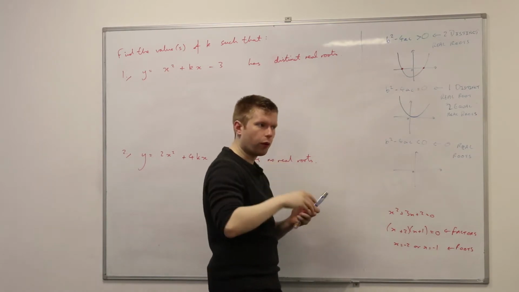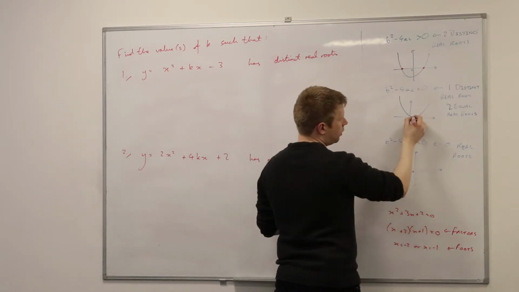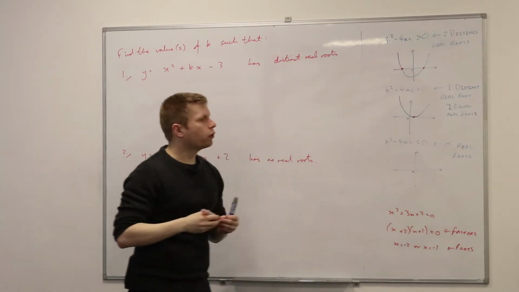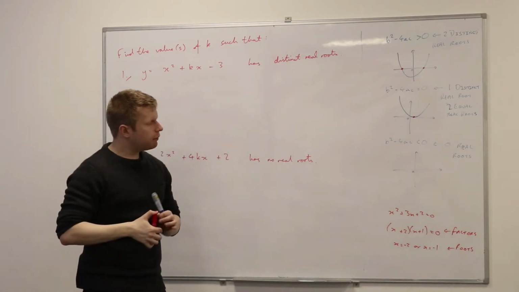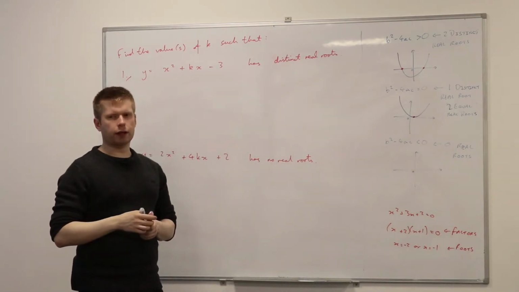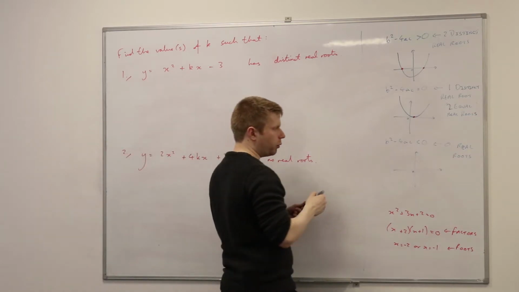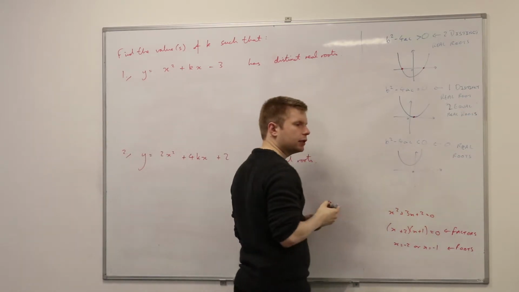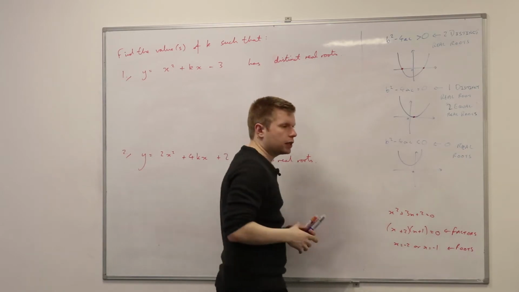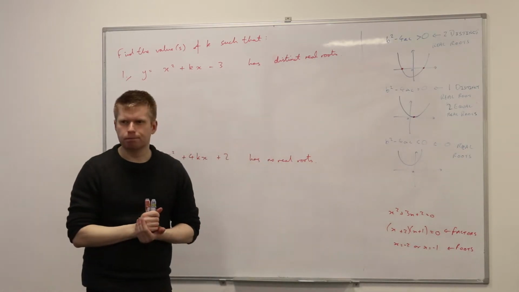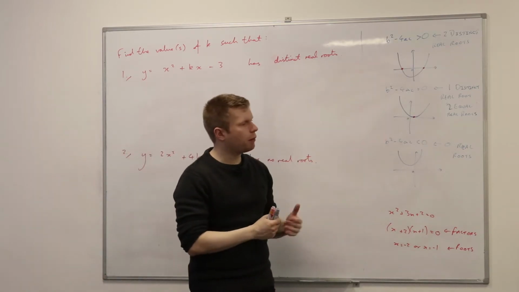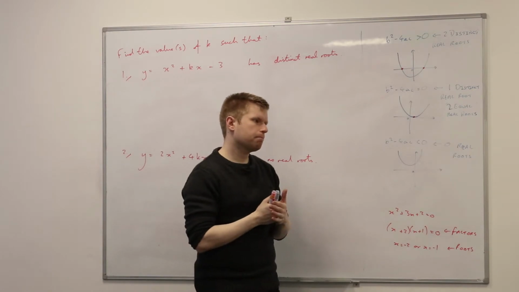It's not actually going to cut through it. So here is my one real root. If I've got no real roots, what's the graph going to look like? Absolutely right. It's just going to be floating above the x-axis, because it doesn't intersect at all. Is that clear? So you can see from the graph how many roots you have as well.